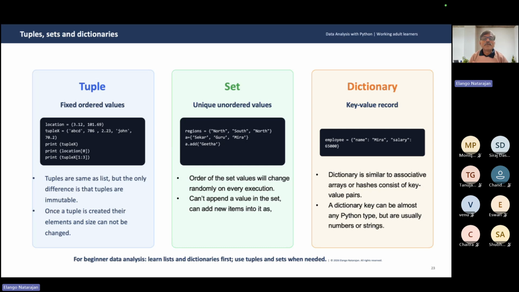And importantly, it is unordered values, in the sense that when you read the variable, the data can be of any order. It will not follow the same order in which you stored your data. That's the difference. Get me now?